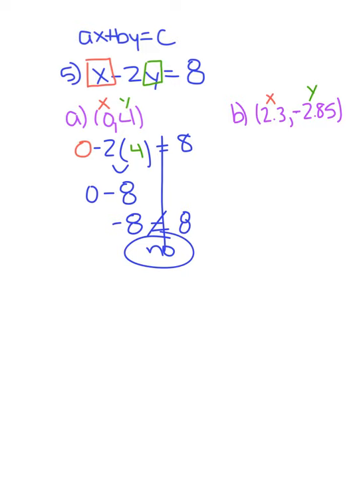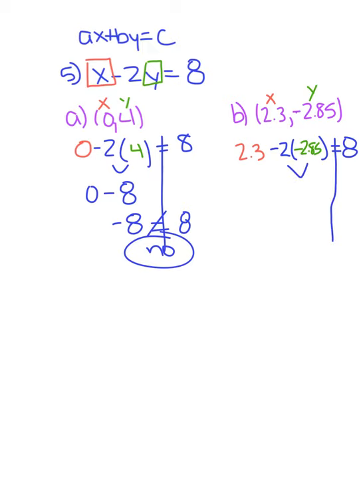We're starting with the x in this problem. I'm going to start with 2.3, and then subtract 2 times negative 2.85, and we're going to see if that whole thing equals 8. This is what we're testing.